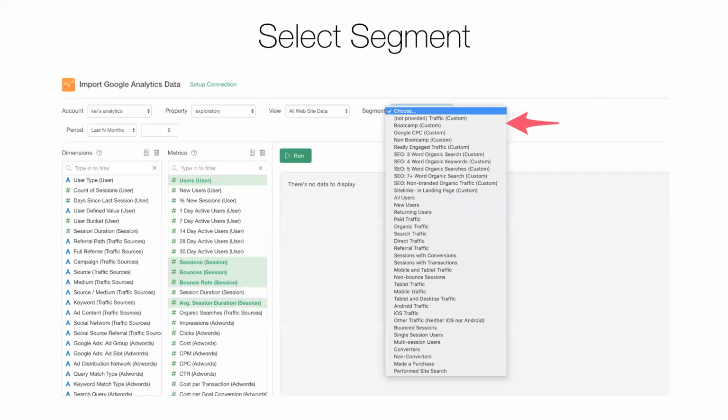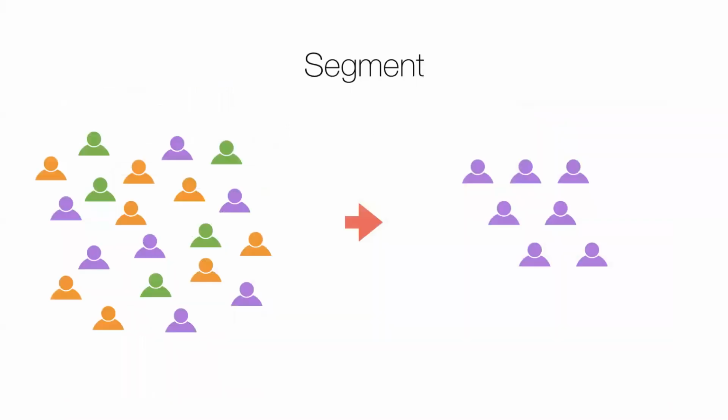And then if you have a segment, this is optional. If you have defined a segment, or you might want to use a predefined segment in Google Analytics, then you can select it. The segment, just in case, is actually a pretty cool feature in Google Analytics.